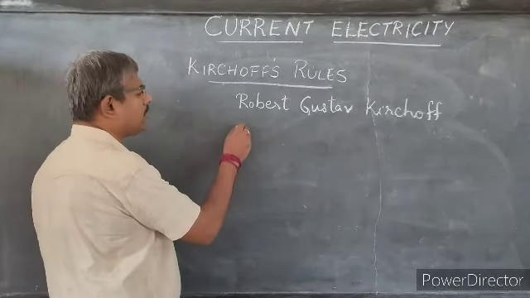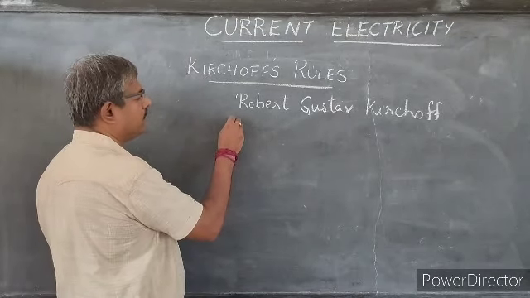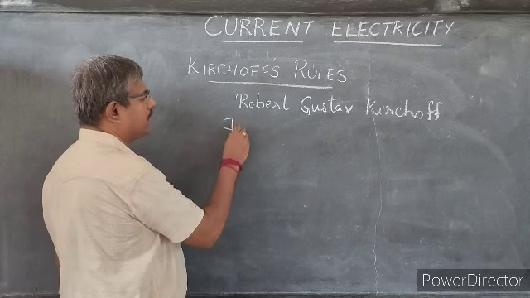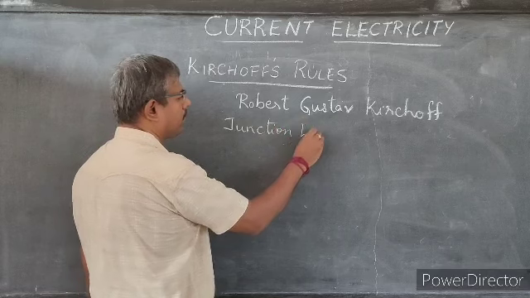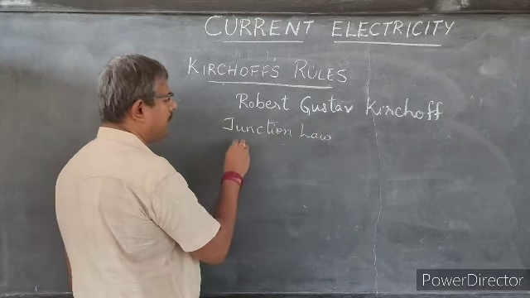Two of the important laws that he stated were the junction law and the loop law.